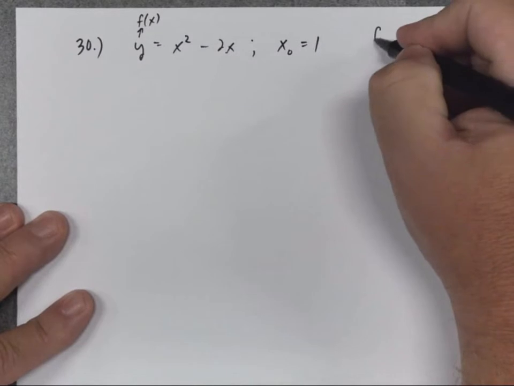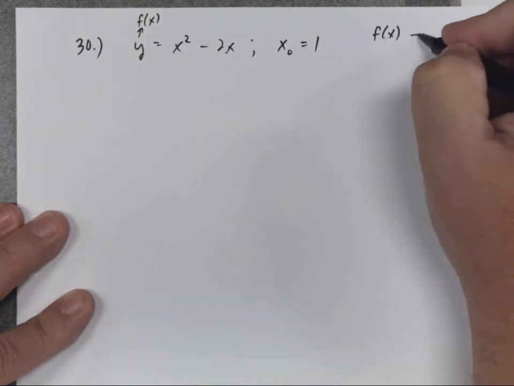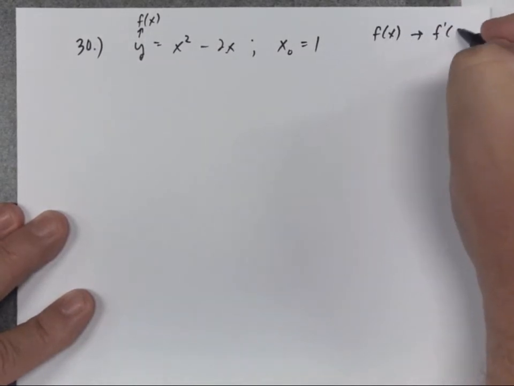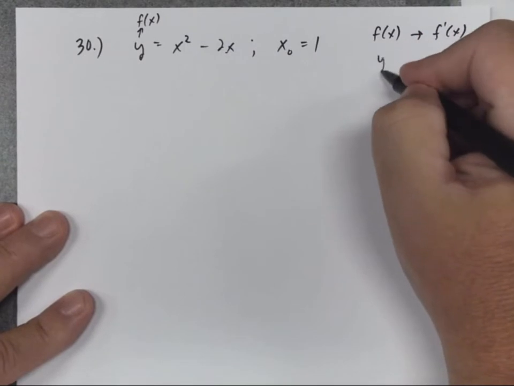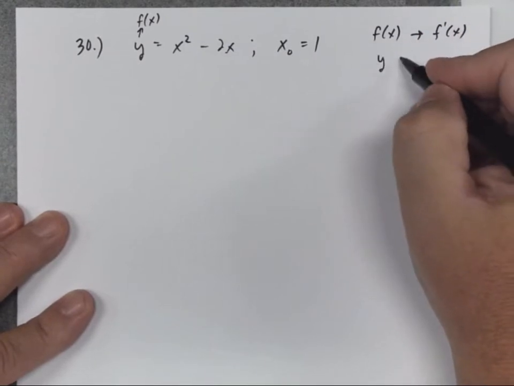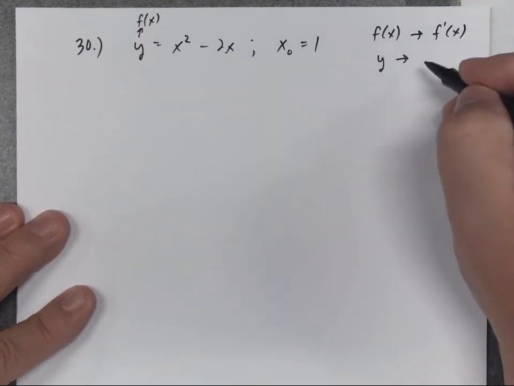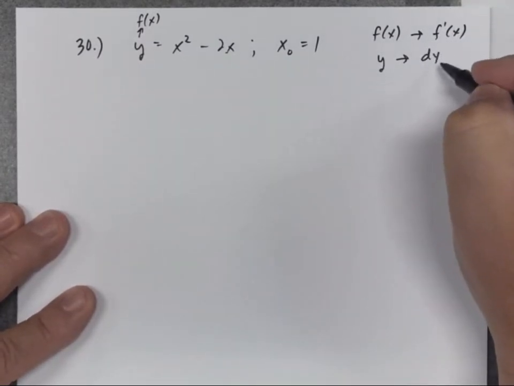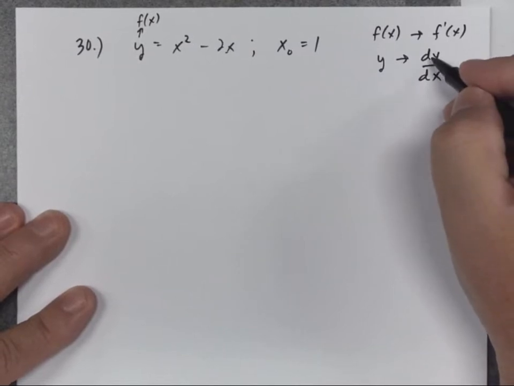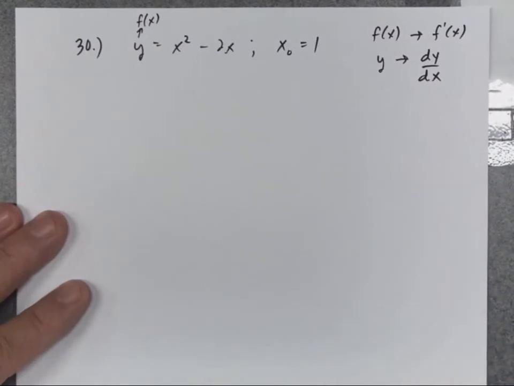Now normally when you have a function and you want to get the derivative, they just write it like this. But when they give you a function written with a y and they want to find the derivative, here's the notation they use. And you pronounce this dy dx, just like the letters.